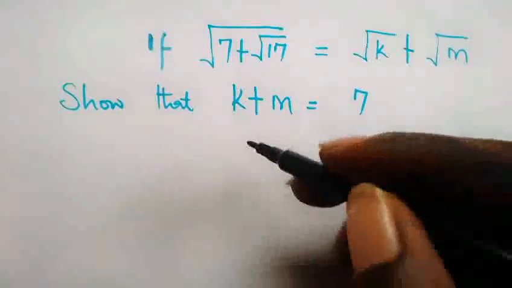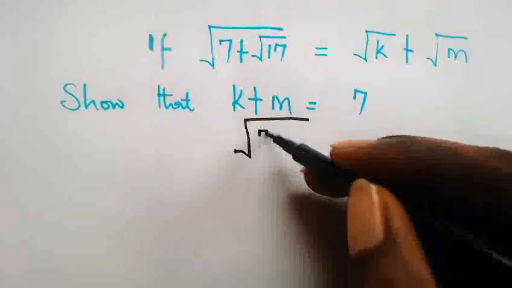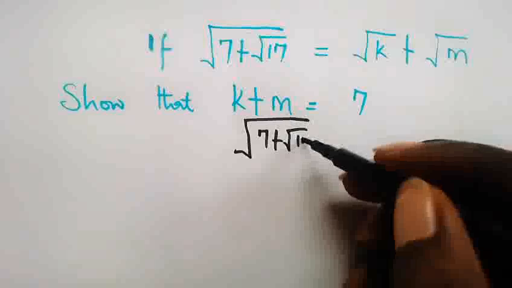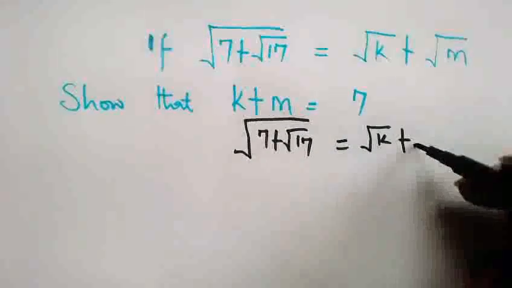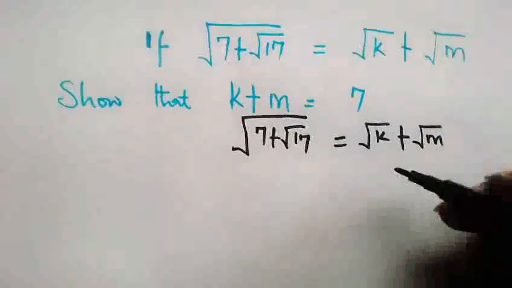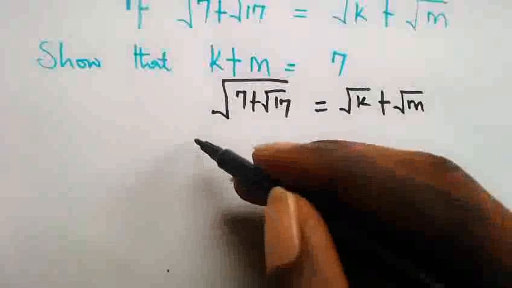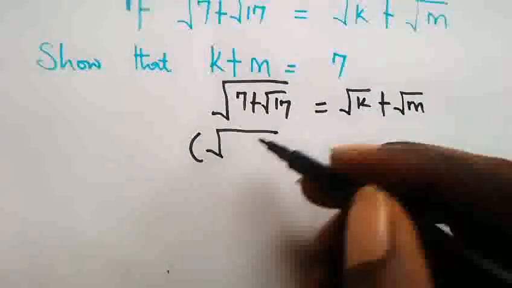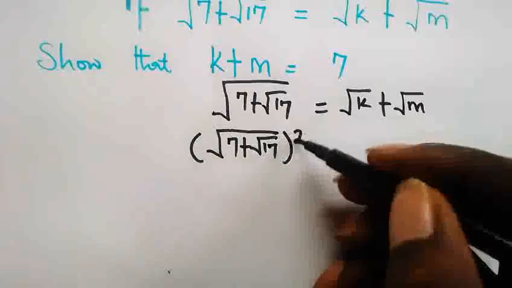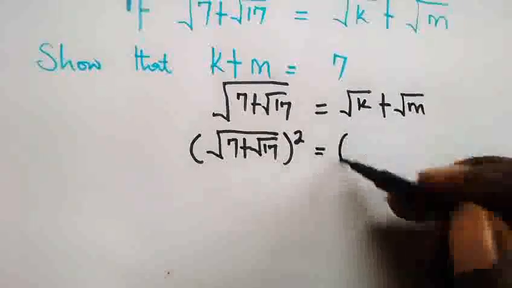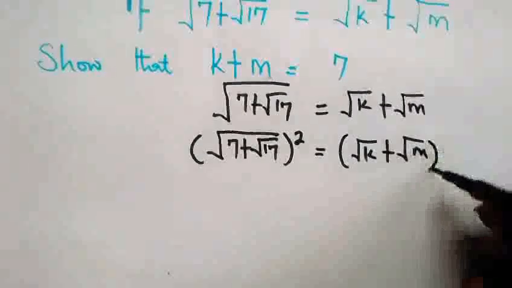Okay, we are given that the square root of 7 plus square root of 17 is equal to square root of k plus square root of m. Now squaring both sides of this equation, we have (square root of 7 plus square root of 17) squared is equal to (square root of k plus square root of m) squared.